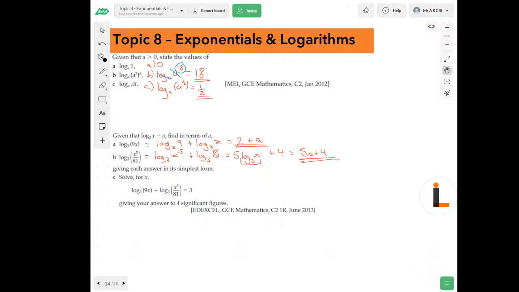And then this last question, we want to substitute the answers we've worked out in parts A and B into part C. So this, we know, is 2 plus a here. And this part here is 5a plus 4.